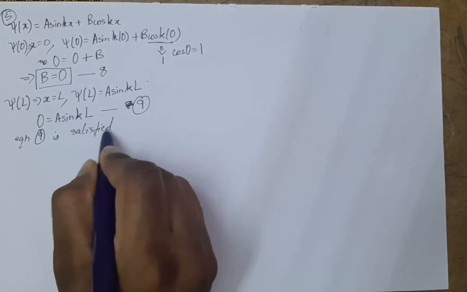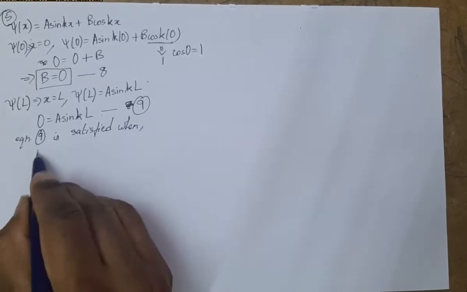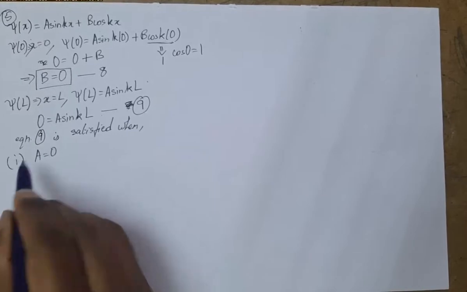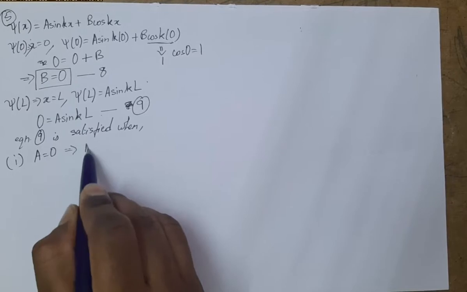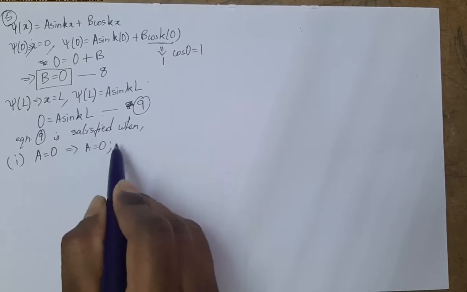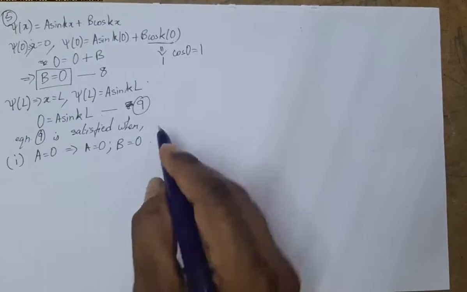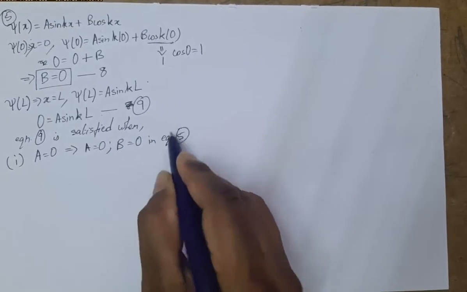Equation 9 is satisfied when a equal to 0. In case 1, a equal to 0, which implies that a is 0 and b is also 0. If you put both a and b as 0 in equation 5, we see that there is no wave.